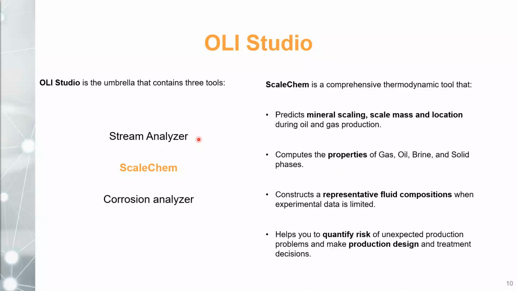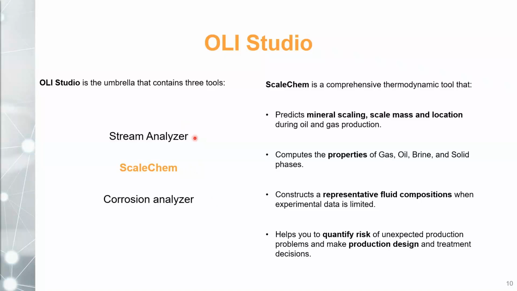Then we have the ScaleChem tool, and this is the tool that will help us to predict mineral scaling: if we will form scaling, in which location of production the scale will occur, how much will be produced, and what is the potential of this scale to be formed, etc. And then we have the Corrosion Analyzer, which is based on the chemistry that we have created in the Stream Analyzer.